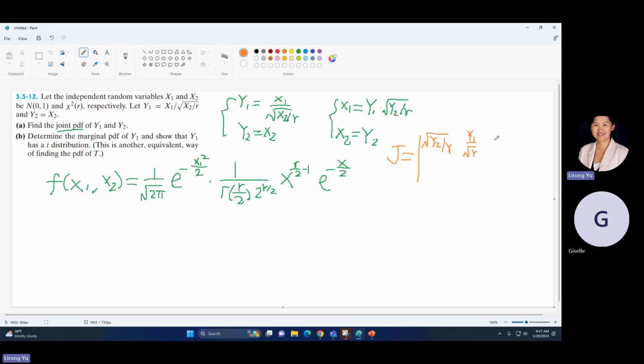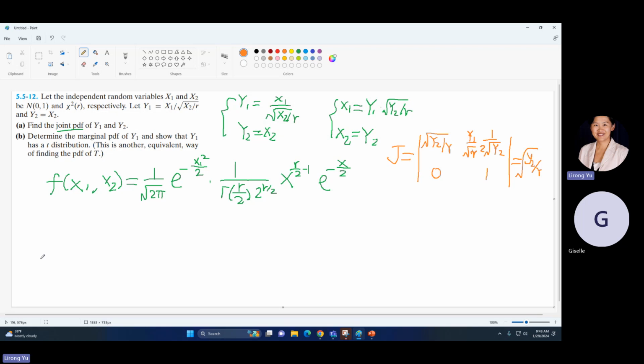So it becomes 1 over 2 times root of y2, and this was an r. And the derivative of x2 with respect to y1 was 0, with respect to y2 was 1. So when you cross multiply, the Jacobian is root of y2 over r. And that was the one we were multiplying.